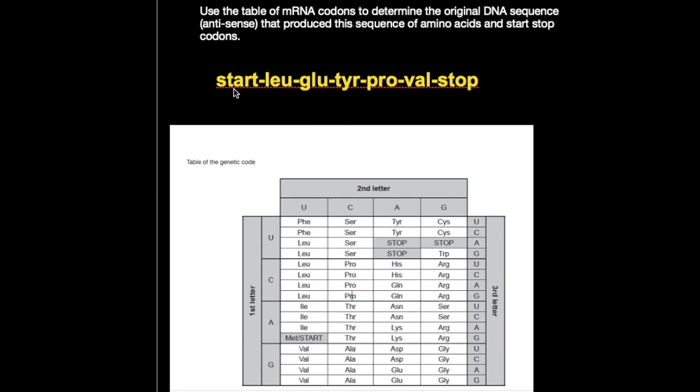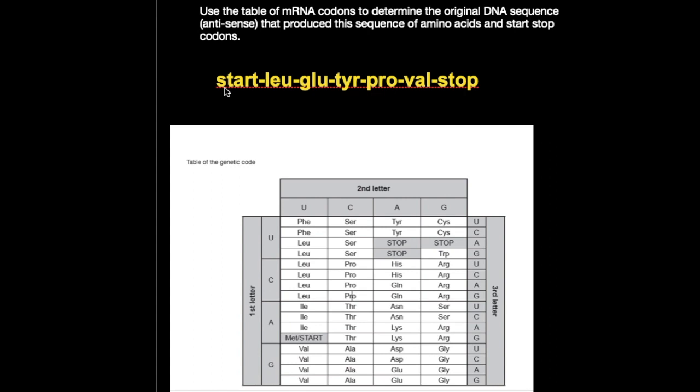So we have a start codon here, we have a stop codon here, and we have these amino acids with these short names here of the amino acids: leucine, glutamine, tyrosine, proline, and valine. All of these amino acids are included between the start and the stop codons.